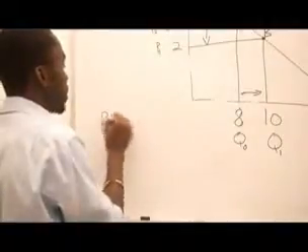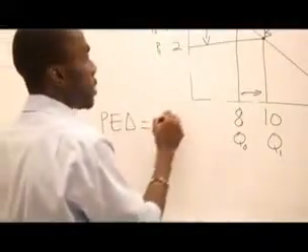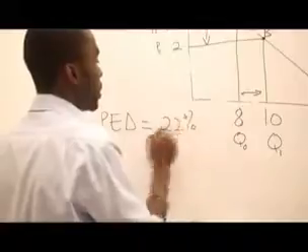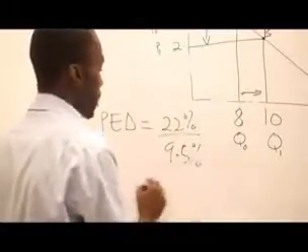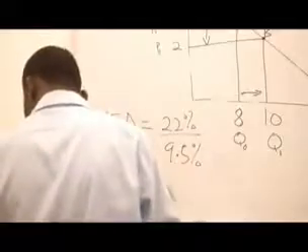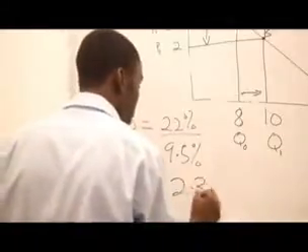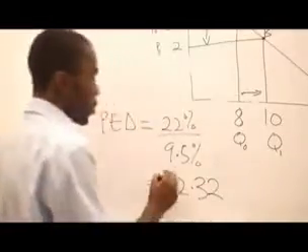So that now our price elasticity of demand is 22% divided by 9.5%, which gives us a result of 2.32.